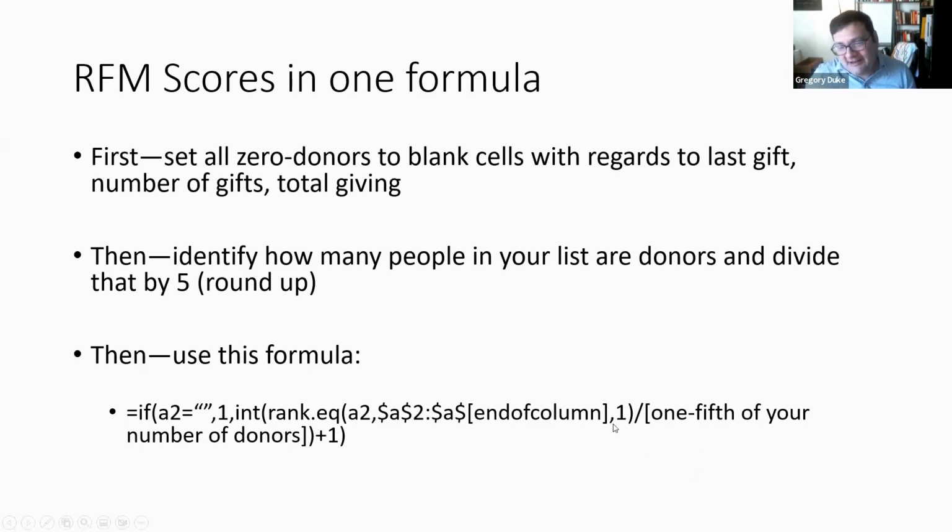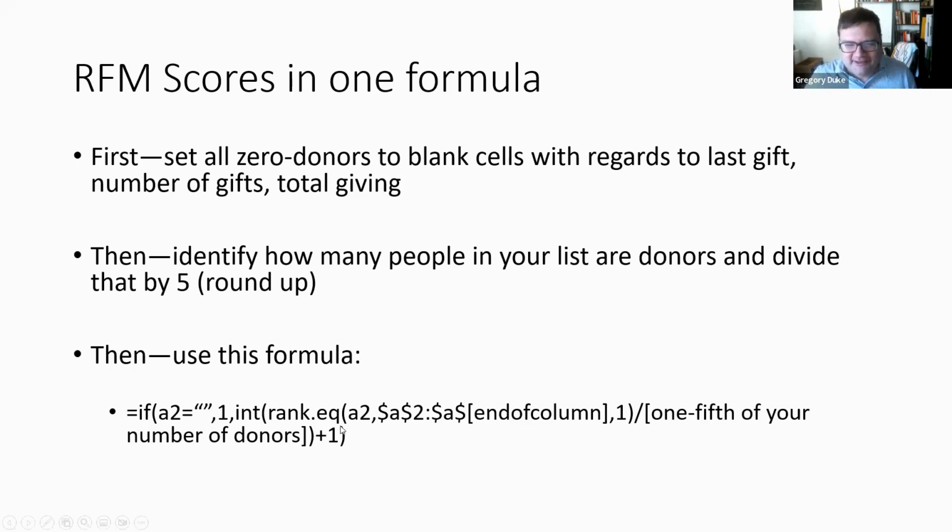And the comma 1 is important because the highest record is going to be the end of the column. So the highest record will be like 77,000 and some, and the lowest record will be 1. So we're doing it ascending rather than descending. So the highest record is not 1, the highest record is 77,000 and some.